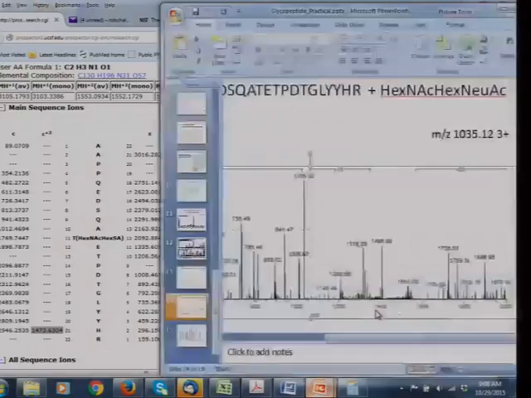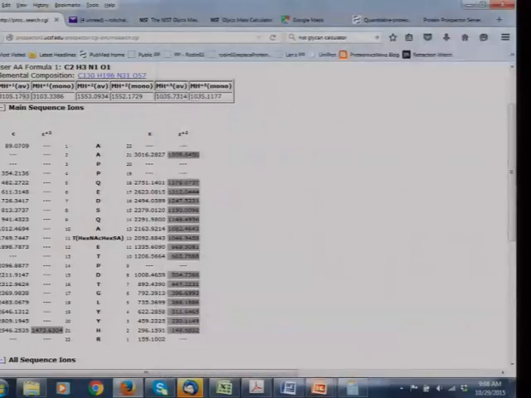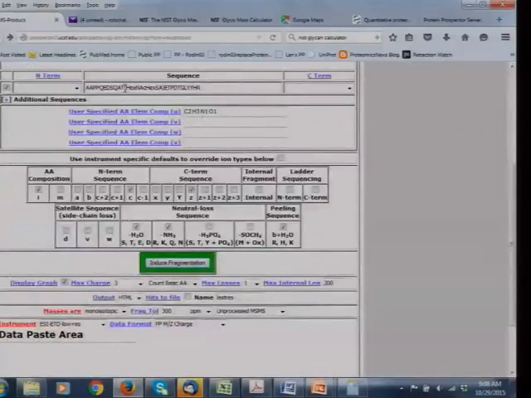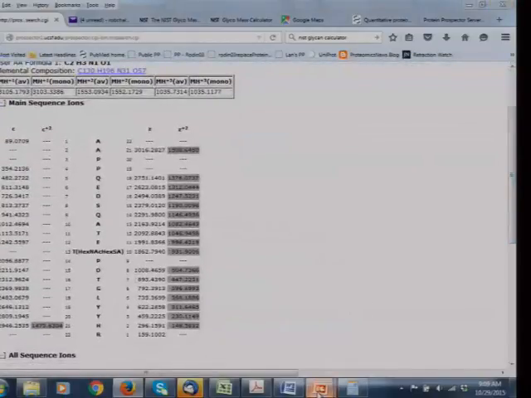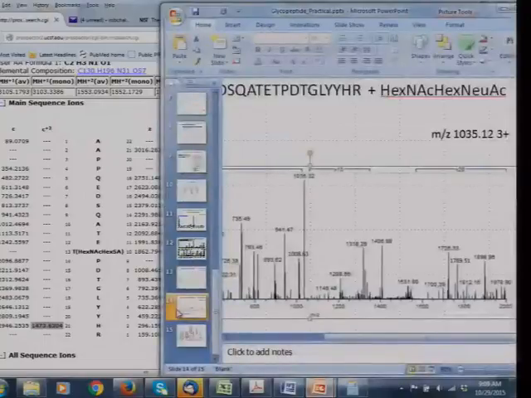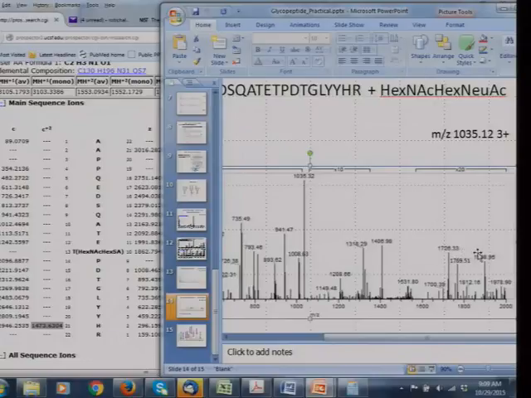But if we try in the second? If instead we had the modification on the second one, these would be the ions you'd expect. So obviously there's no longer a 1769 because the modification is not there. So we can't explain any of these high mass peaks.